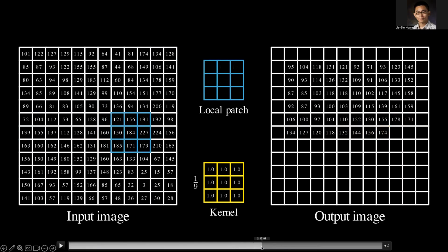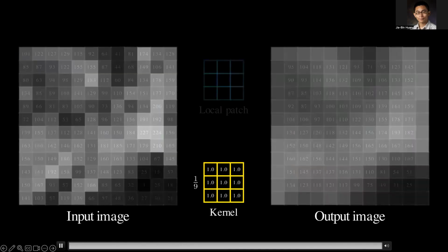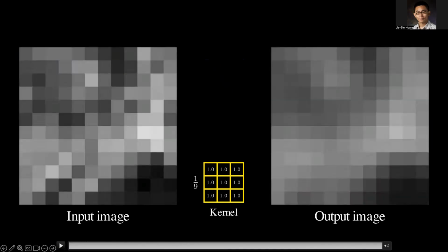Okay, so it's very slow, so let me accelerate this a little bit. You can see that once you've done everything, then you get a blurred image. It looks like this. Initially they have some details, and after that you merge all the details.